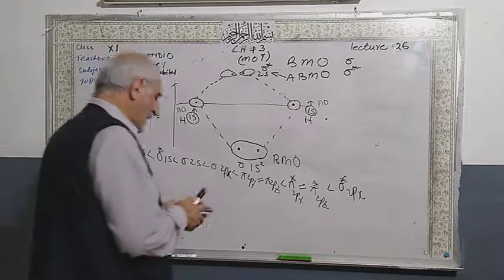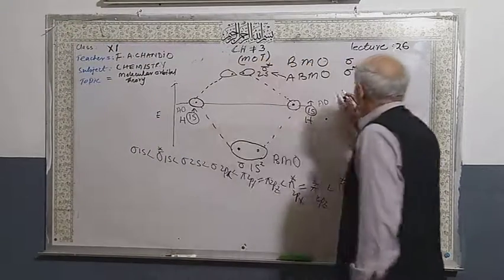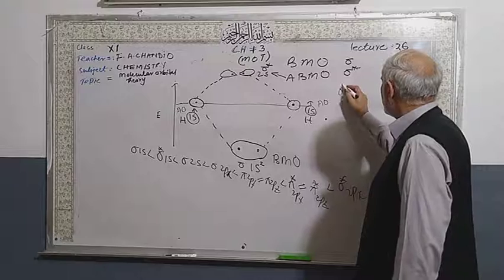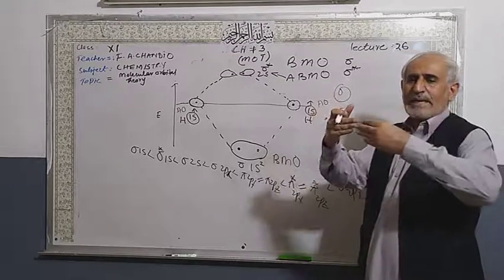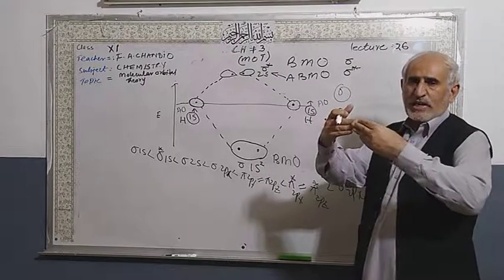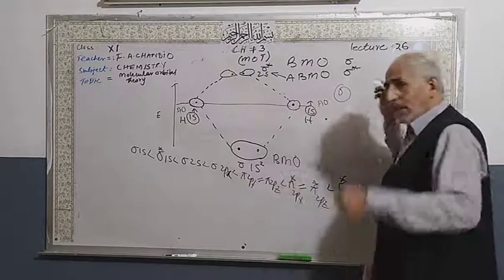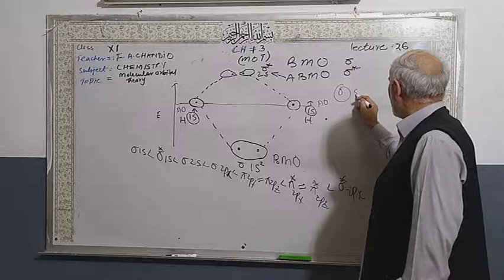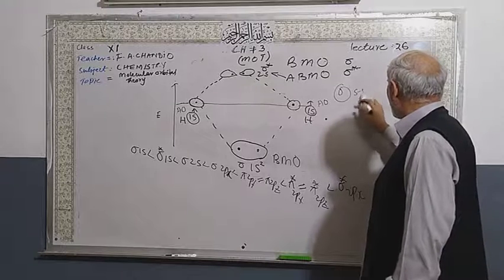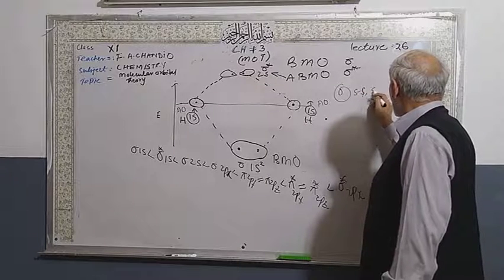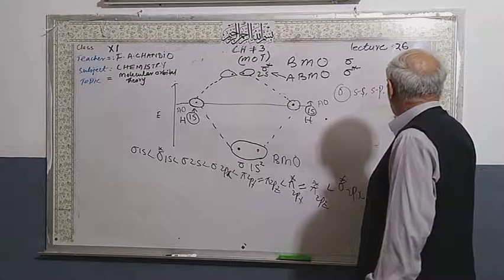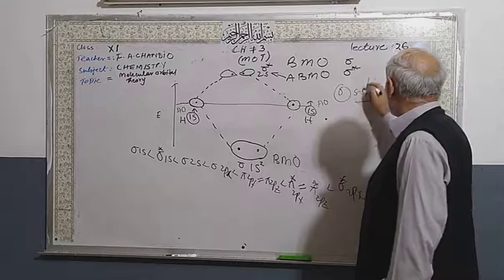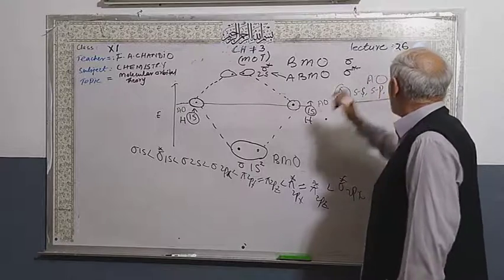As we did in the previous lectures, a sigma bond is formed by linear, straight, end-to-end overlapping between s and s atomic orbitals, s and p atomic orbitals, and p and p atomic orbitals.